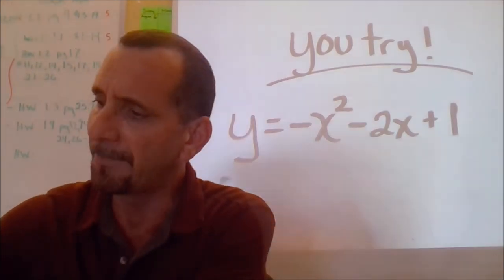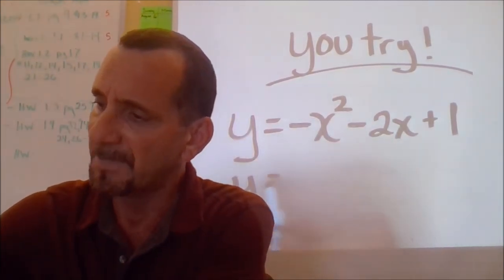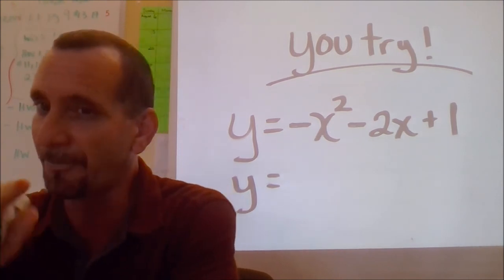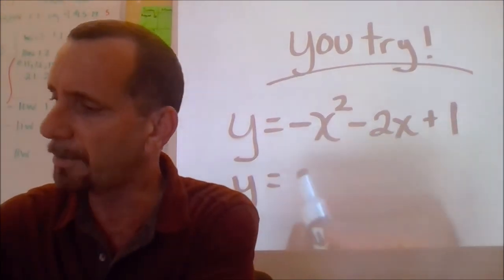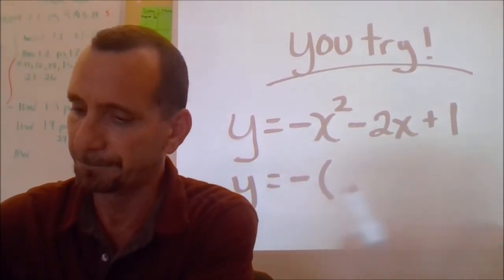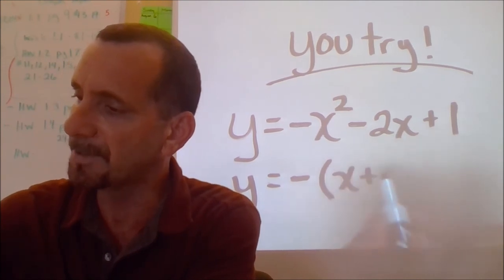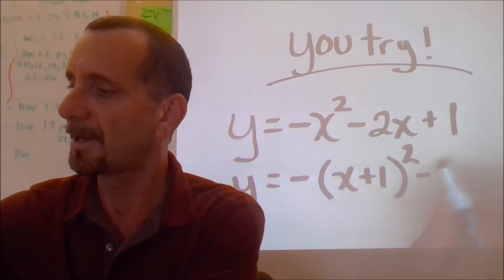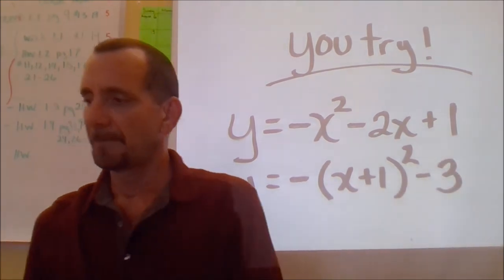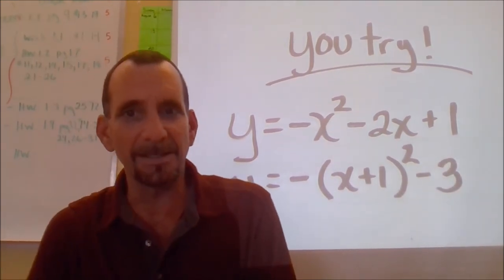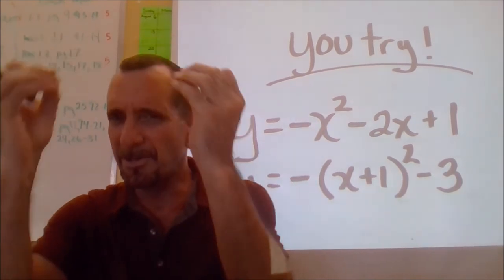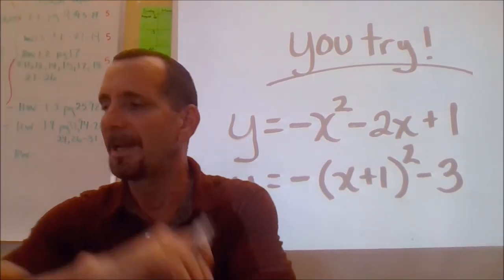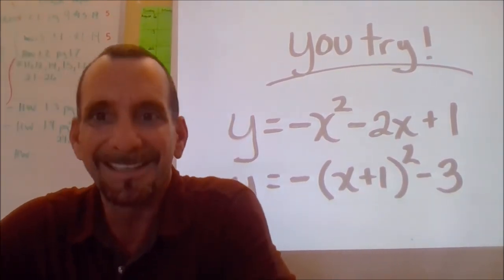And then we'll put one in vertex form. See if you can do that one by finding that vertex right away. And that would be y equals negative (x plus 1) squared minus 3. Plug in some numbers, get that axis of symmetry, find those 3 special points, and we'll see you next week.